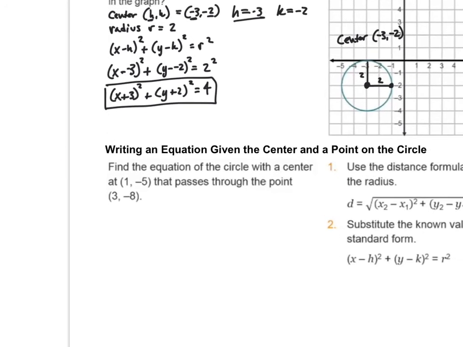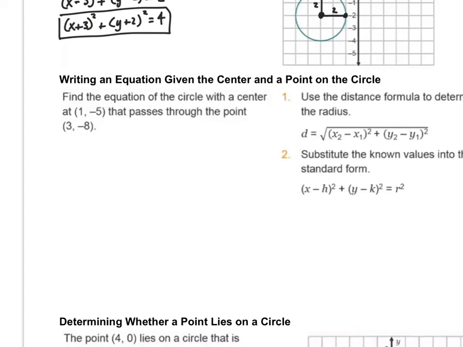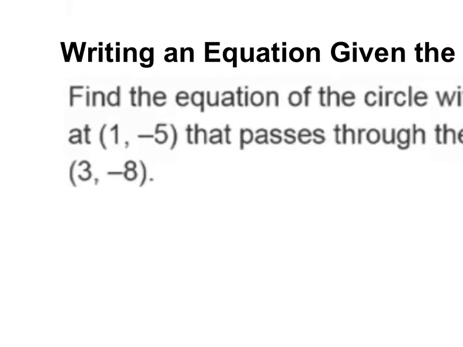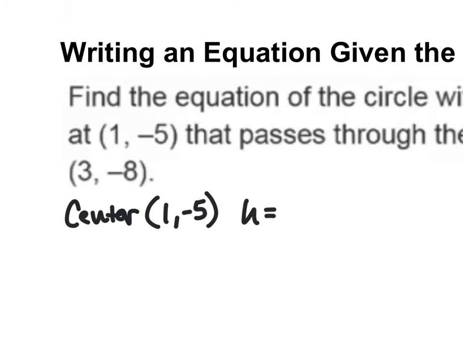All right, so I want to write an equation given the center and a point on the circle, okay? So now my center is the point 1, negative 5. So I'm going to write that down here, that my center is the point 1, negative 5. And what that means is that h is equal to 1 and that k is equal to negative 5.